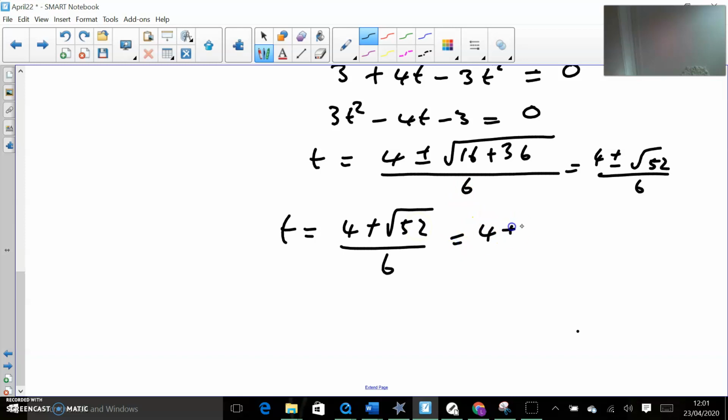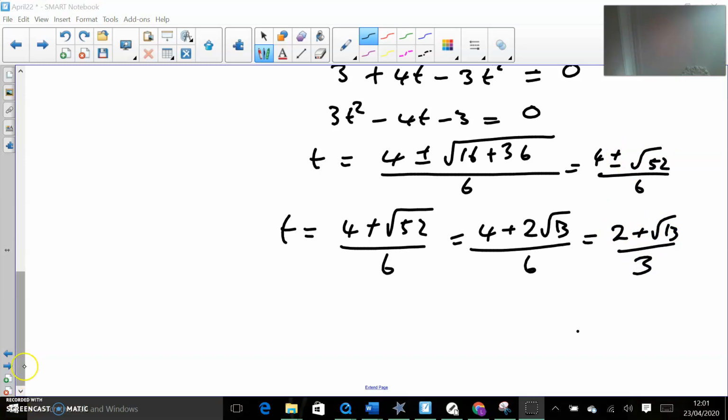So that's 4 plus 2 root 13 over 6, dividing by 2, we have 2 plus root 13 over 3. And that is approximately 1.8685.